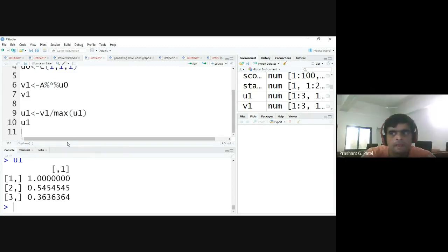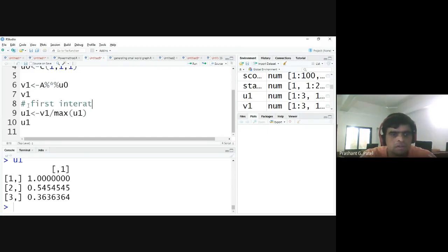Okay, and the maximum of this V1 will be your approximate eigenvalue, and U1 is the first eigenvector approximation. This is the first iteration.